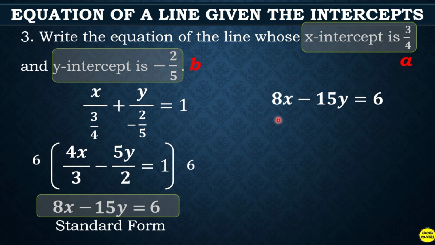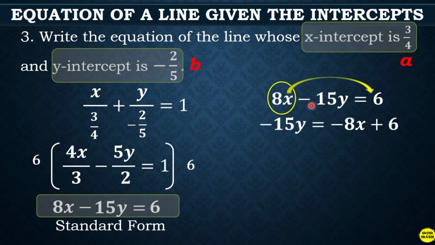So, we need to eliminate this here sa left side of the equation. So, dapat mawala to. So, lipat siya dito. Okay? So, mag-change siya ng sign from positive magiging negative. So, ang maiiwan na lang sa left side ay si negative 15y is equal to negative 8x plus 6.